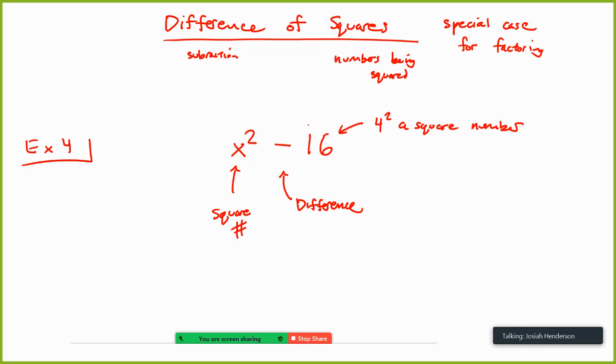And 16 is as well, because you could write it as 4 to the second power. So you're going through and asking yourself, does it meet the requirements? Sure, it does. So in this case, the difference of squares is fast and easy to factor. I'm going to go to a new screen, but we're going to finish this example.